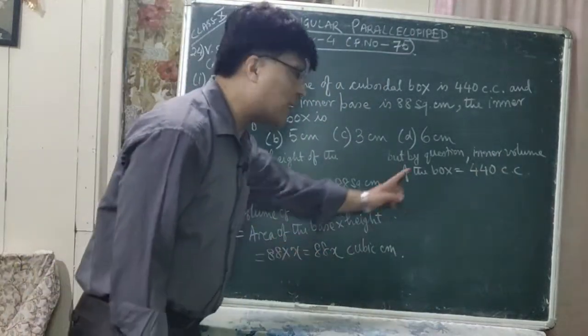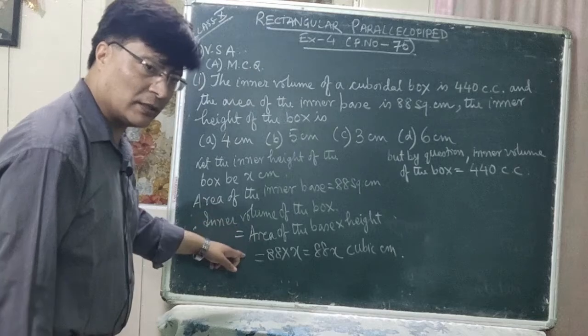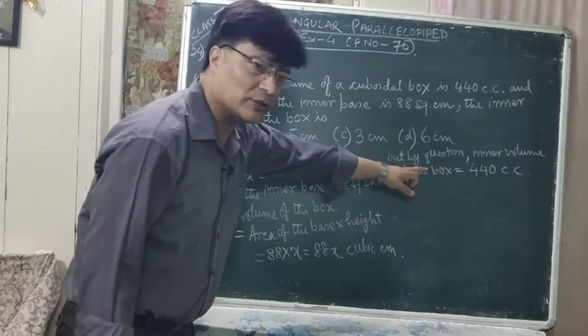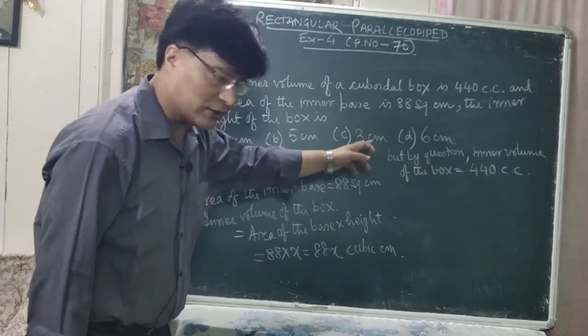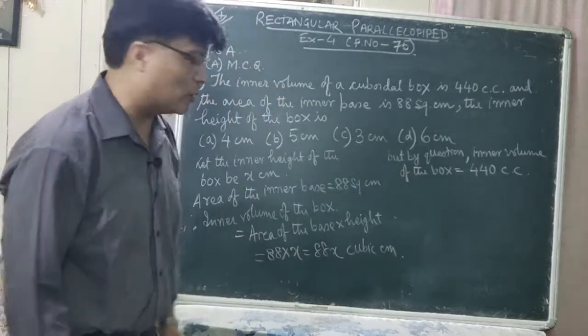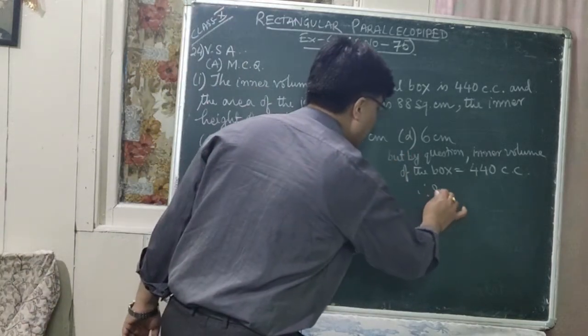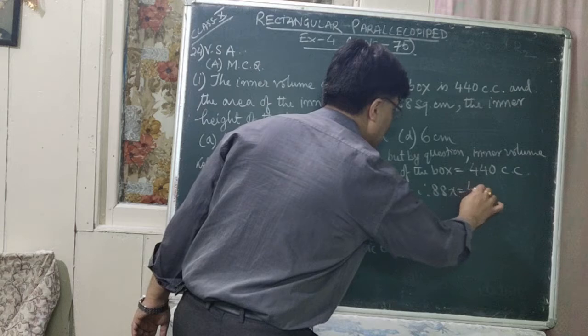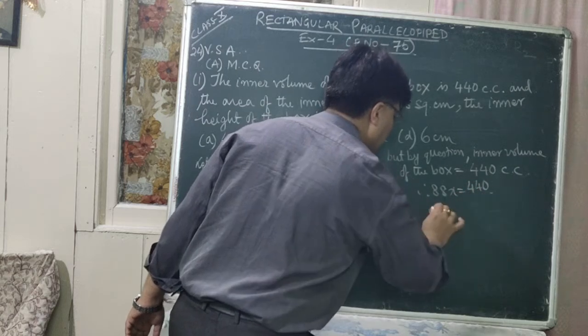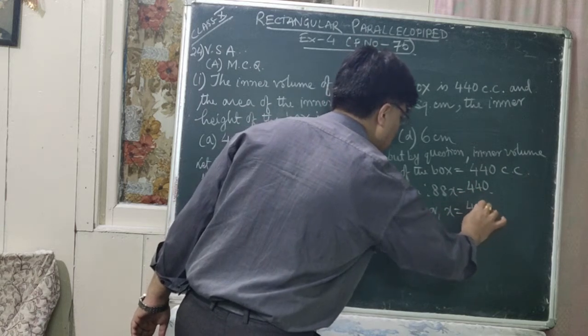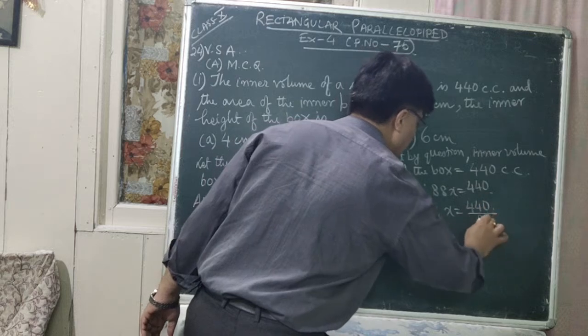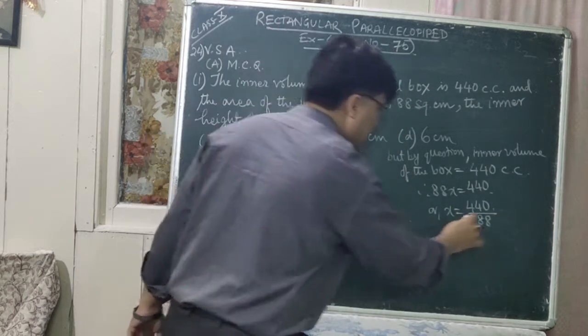This is also the inner volume of the box by question. So these two must be equal. Therefore 88x is equal to 440, or x is equal to 440 divided by 88, right?